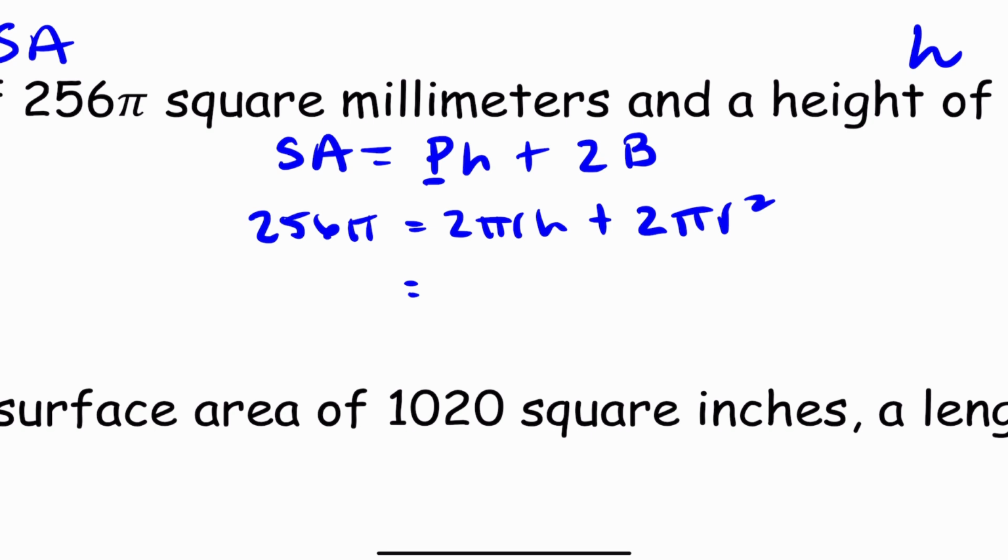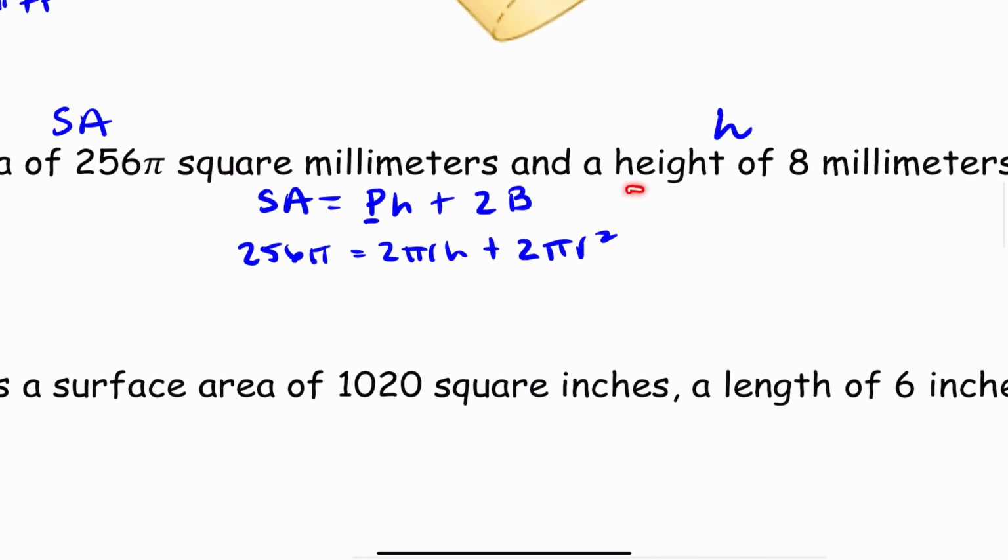Factor by GCF. So 2 pi goes outside. And, I think I forgot something. Let me start over for 1 second. Let me start over. So forget what I just said, because the height is already given, right? And there's that little h. I should replace that.